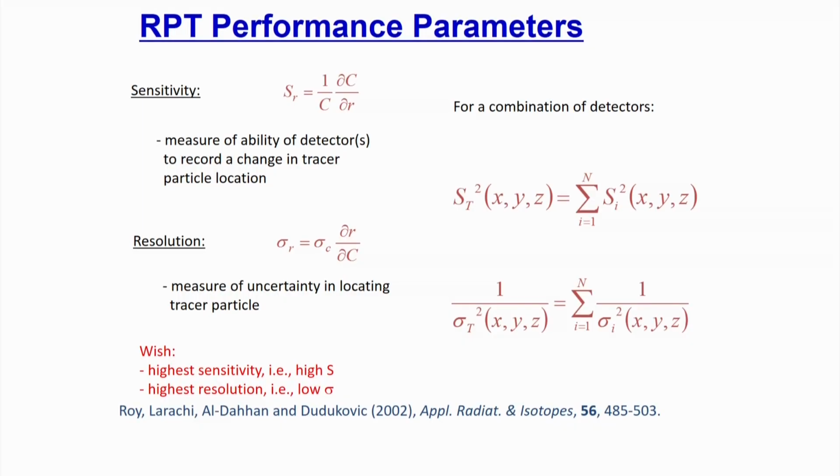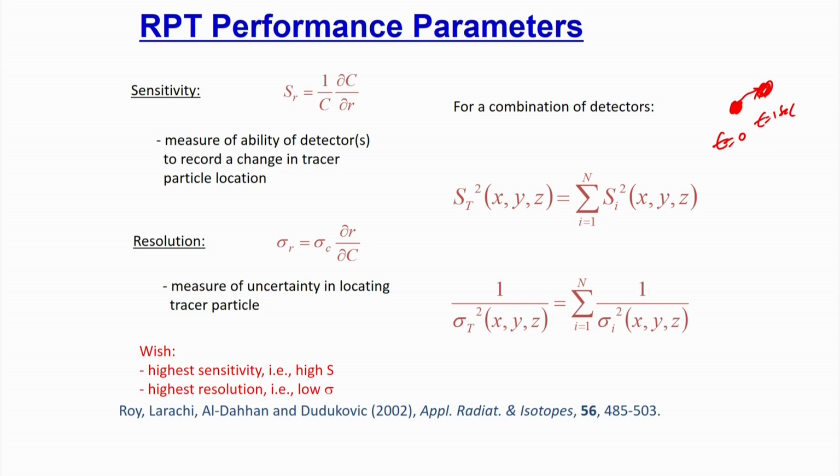So, how is the sensitivity defined? The sensitivity is a measure of the ability of the detector to record a change in the tracer particle position. It means, suppose this is one location of the particle at time t equal to 0, and at time t equal to 1 it moves from this place to this place, which is my other particle position.